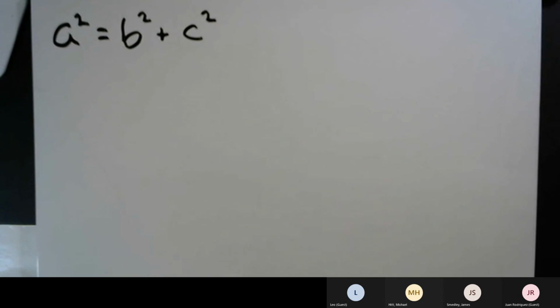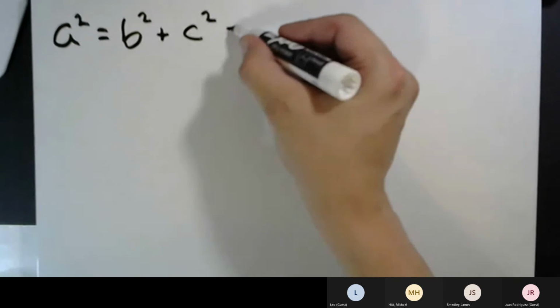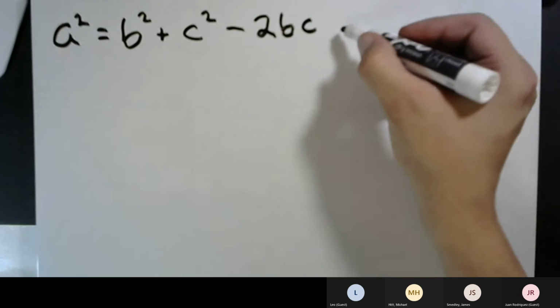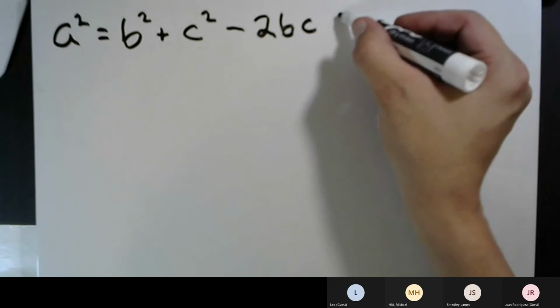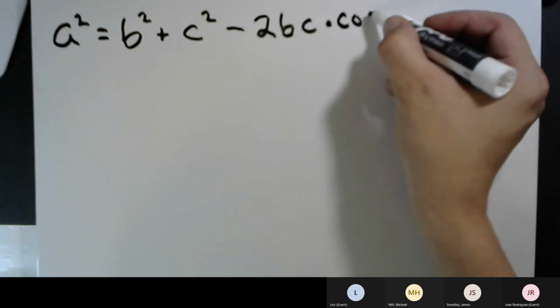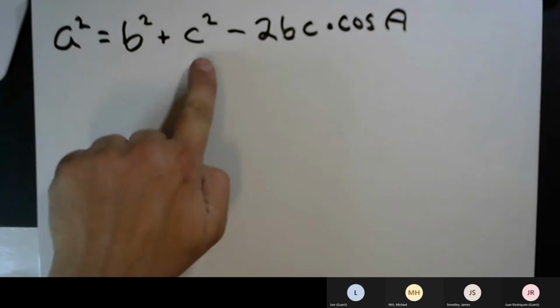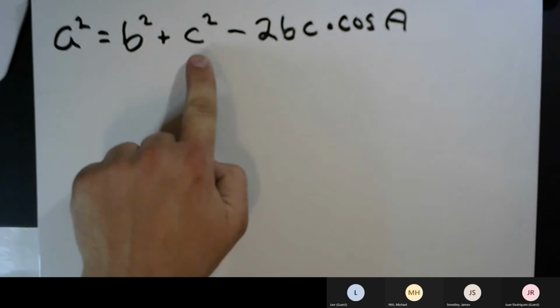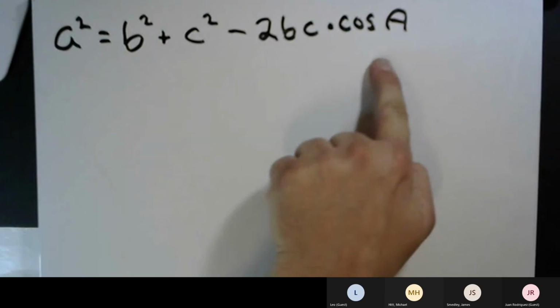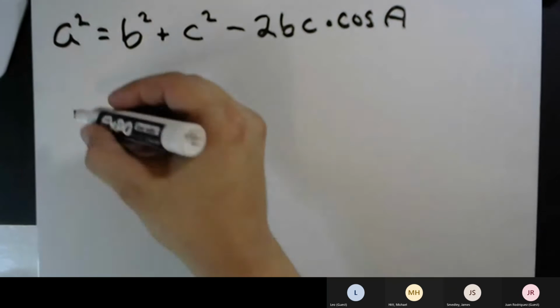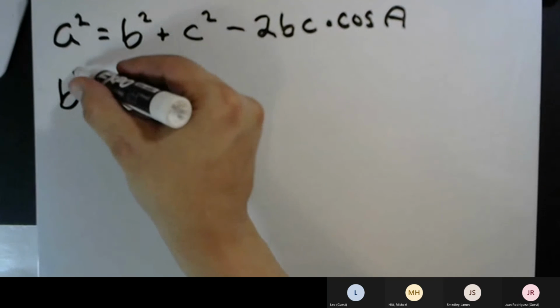Well, that seems kind of familiar, but we got to do a subtraction. 2 times side b times side c times the cosine of angle A. So it looks like the Pythagorean theorem. You just have to do the subtraction here. And notice the little a and the big A. I'm going to see a pattern here.